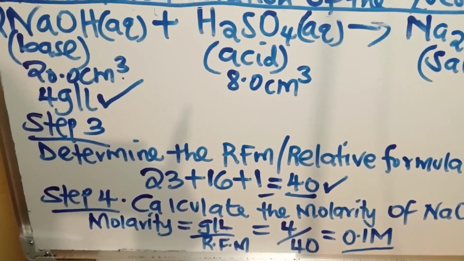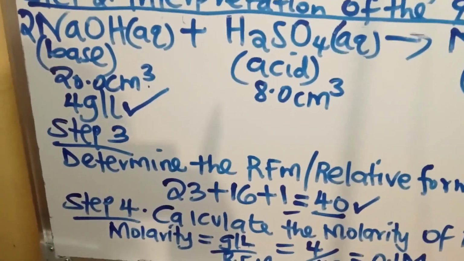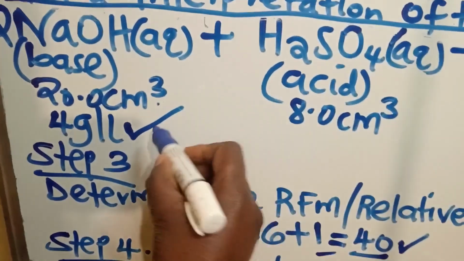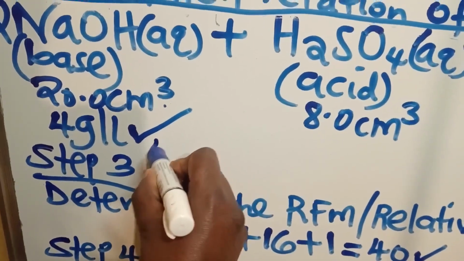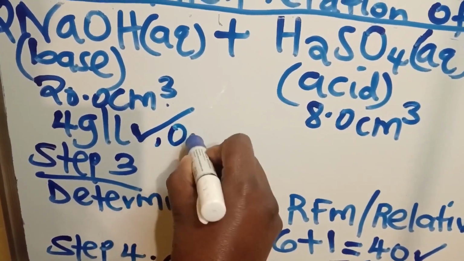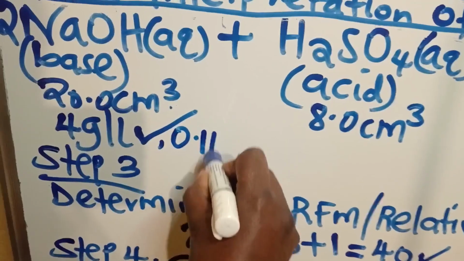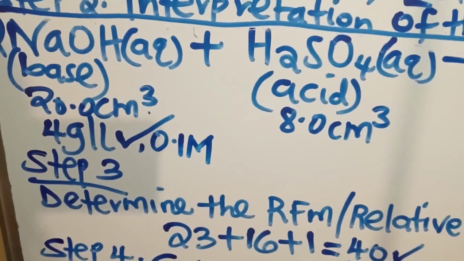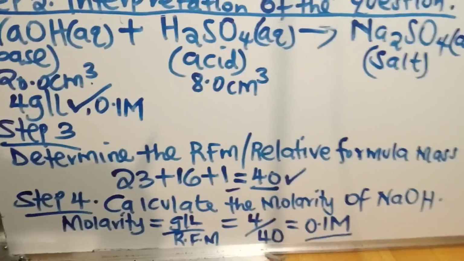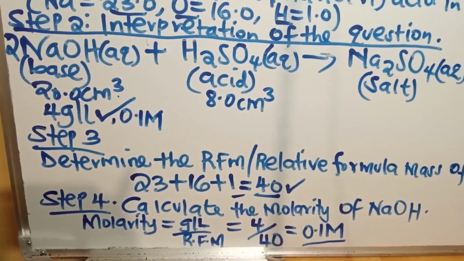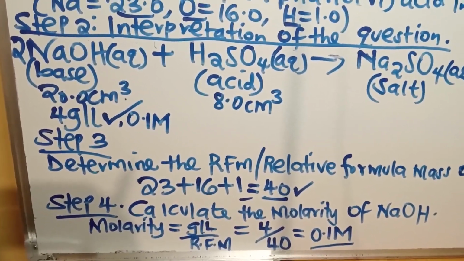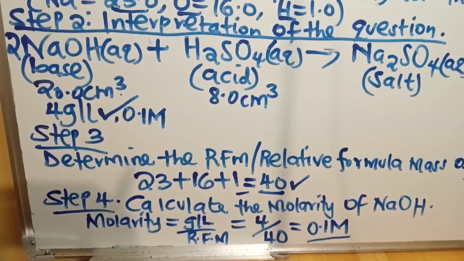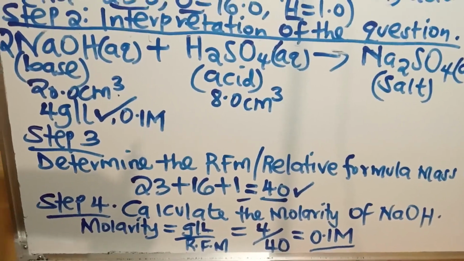Once we do that, we go back to where we have sodium hydroxide, and somewhere we have a new value, which is 0.1 molarity. And remembering what I said last time in our previous video, each and every value that we use in the calculation, we are supposed to put a tick to it.